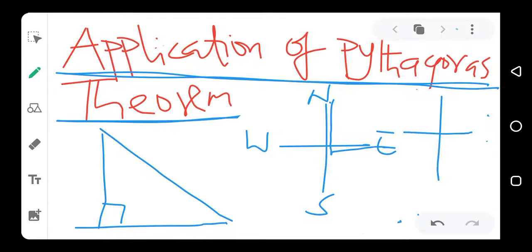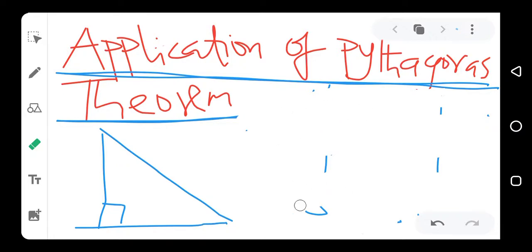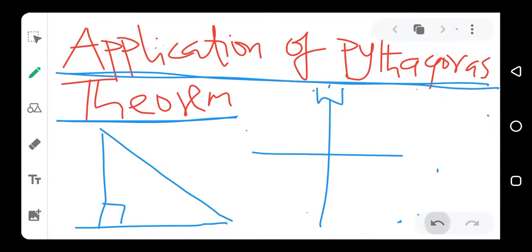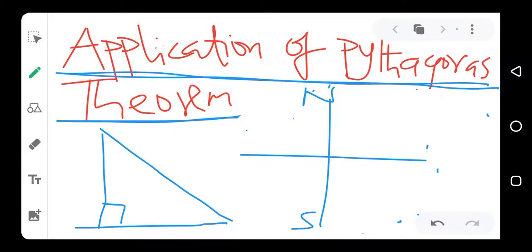If we draw the cardinal points, each of these points is 90 degrees. Let me draw it very well. In cardinal points, we have north, south, east, and west.